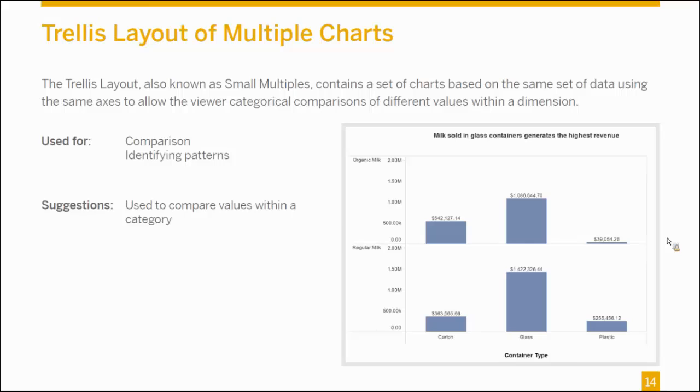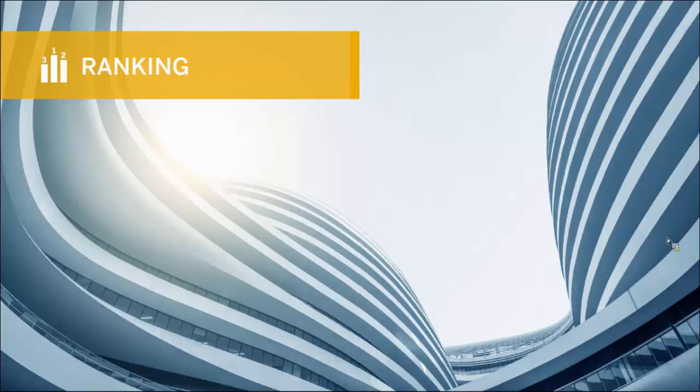And so we can easily see that for both the organic as well as the regular milk, glass containers bring in most of the revenue. So trellis charts are a great way to compare charts for different categorical values, and they are available in Lumira for most chart types.